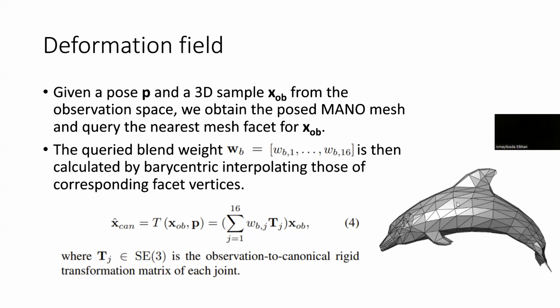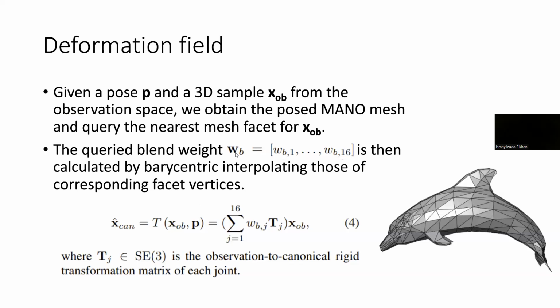A facet would be a flat space enclosed by one polygon. You get the closest facet of your query point in observable space, and then you get the blend weights for that particular point for all 16 joints through something called barycentric interpolation.